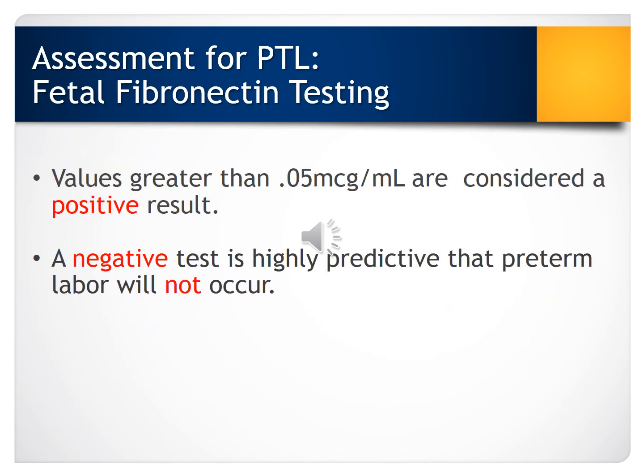So we talked about predictors of preterm labor. And I had on that slide fetal fibronectin testing. Fibronectin is a glycoprotein that's produced by the placenta. Basically, if you think about it, it's the glue that attaches the fetal sac to the uterine lining, the glue that attaches the placenta to the lining.